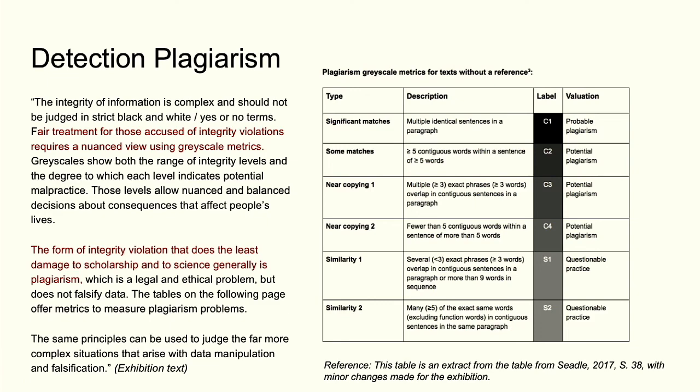You can say, okay, here are some problems. Here are more serious problems, depending on how many words, how many sentences, what the context is. We need to look at these issues in a sophisticated way that is not just saying good or bad. That is itself a scientific issue.